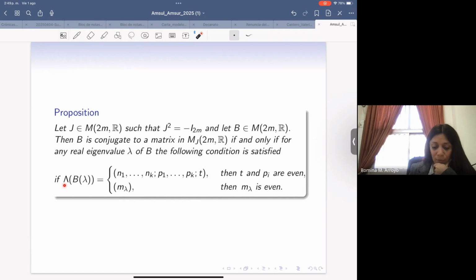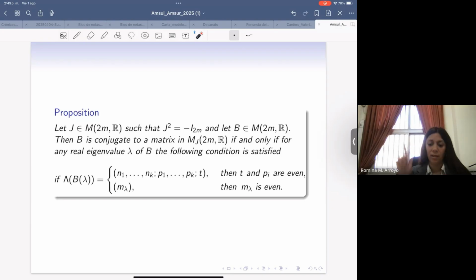When you consider one of the eigenvalues, lambda has to be like this, with T and Pi all of them even, or in the case that you are in a multiple of the identity, the size of that multiple has to be even.